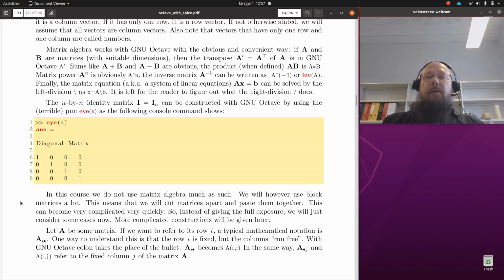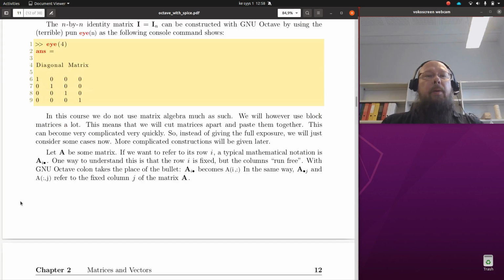Of course, there is a lot of matrix algebra that I could explain here. We probably do not use so much matrix algebra in this course, so I'm not going into the details, but I hope that everybody has studied at least a little bit of linear algebra. What we use a lot, however, and that is probably not explained so much in the linear algebra course, is block matrices.